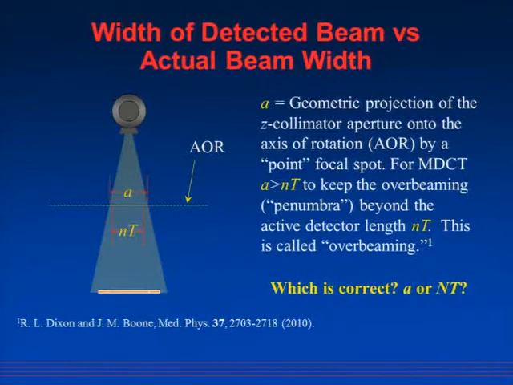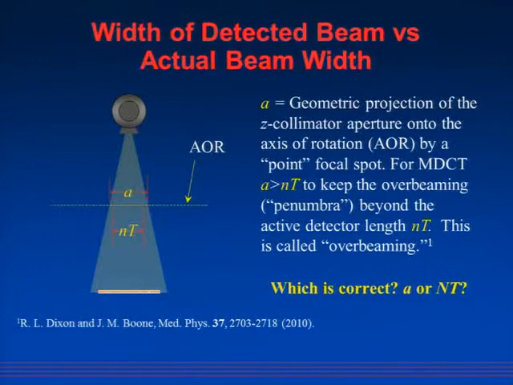When you have a reasonably wide beam, there's a few percent difference between them. But when you get to a very narrow beam collimation, which you might use for specific purposes, such as wanting to get a really high quality image, you could have a beam width that's substantially higher, almost double that of the detected beam width.